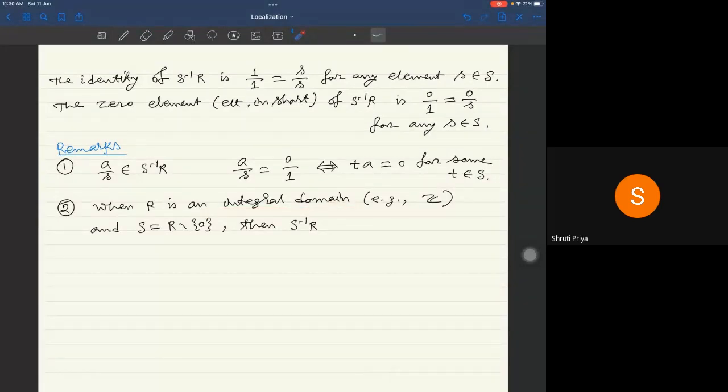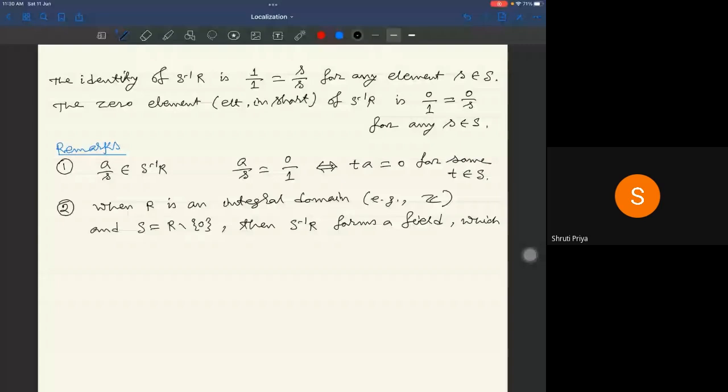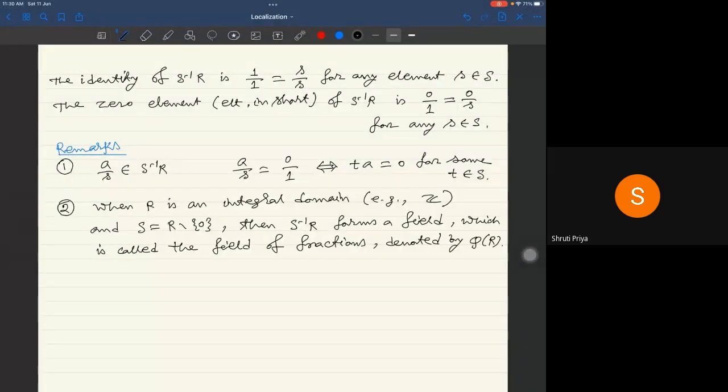So this is a multiplicatively closed subset, and you can form S inverse R, and in this case it gives a field, which is called the field of fractions, denoted by Q of R. The field of fractions of Z is just Q, the field of rational numbers.